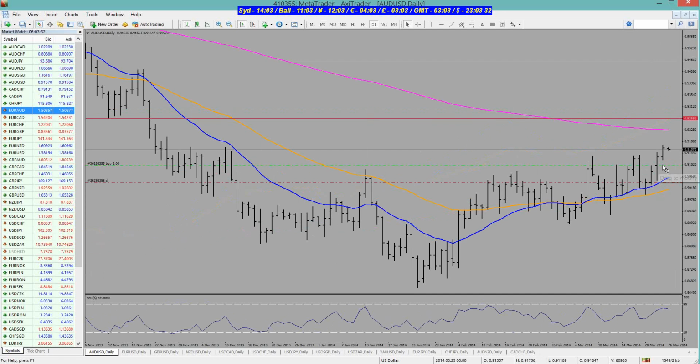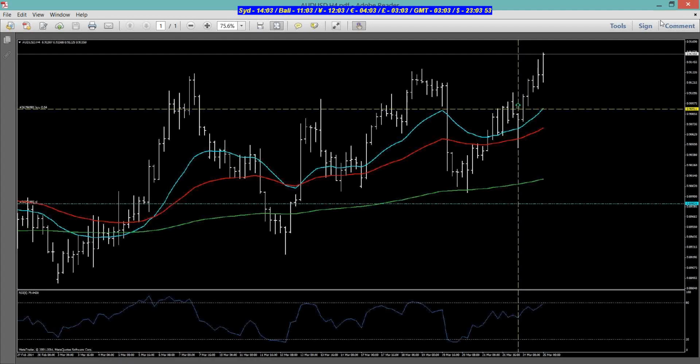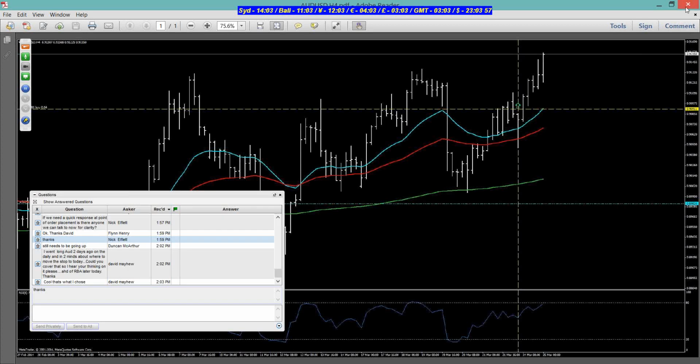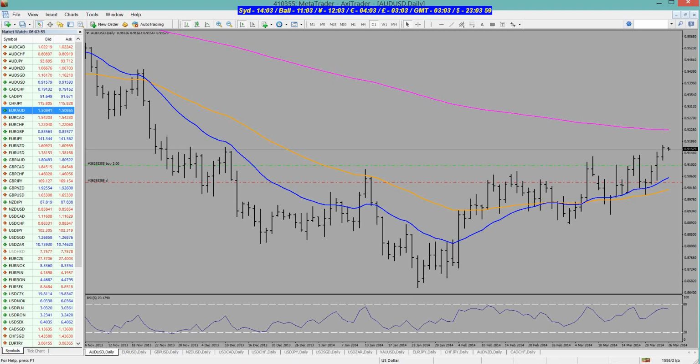I haven't gone to break even because I think the volatility around the RBA may take me out, and I don't want that. This is the target area. I don't have a target on it, but that's around the area, this low here, which is the 1618. Cheeky entry, Duncan. Well done, though.